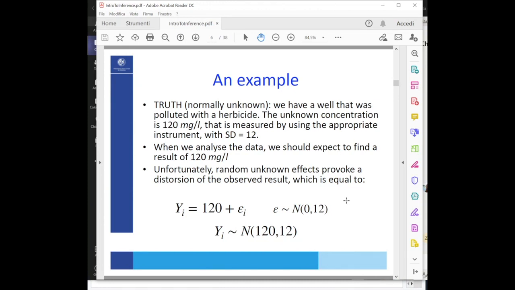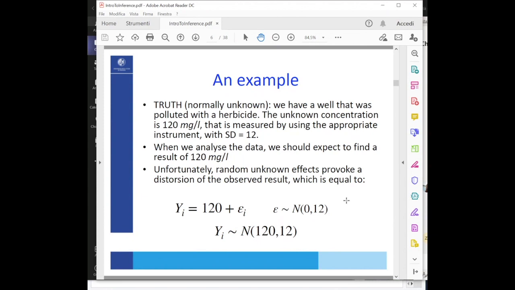That's my problem, and I use herbicides. These herbicides go down along the soil profile and reach the well, and they can pollute my well. So I take 3 water samples and analyze them.